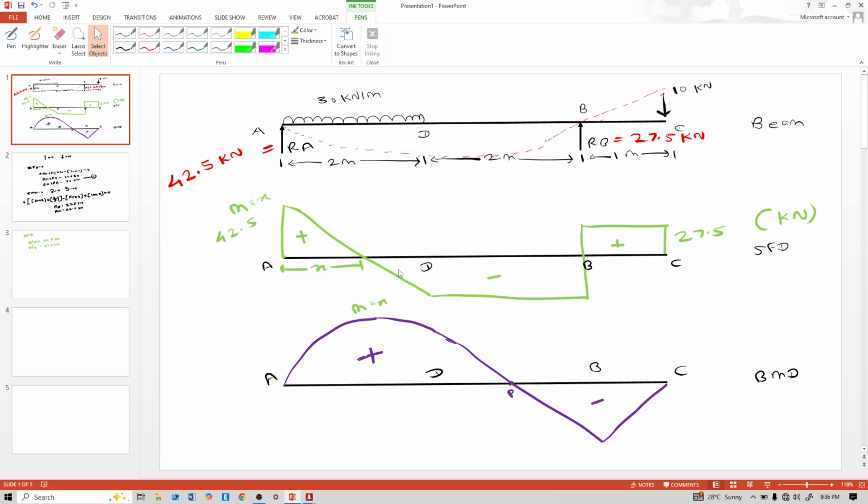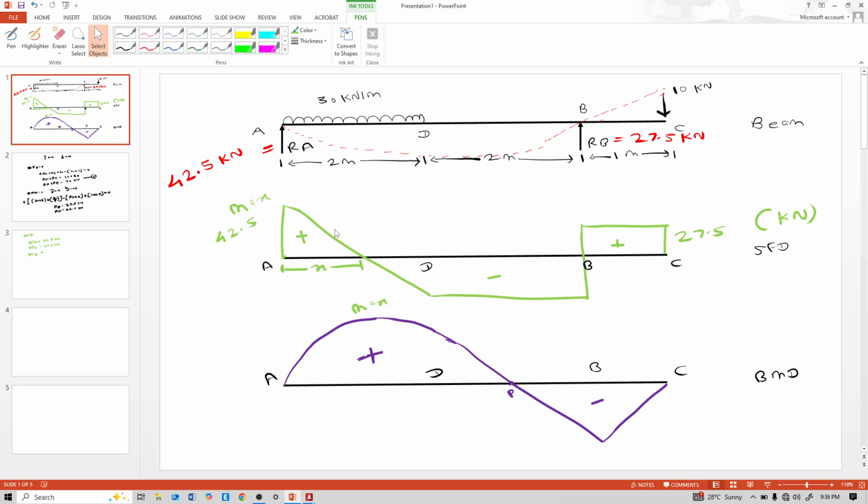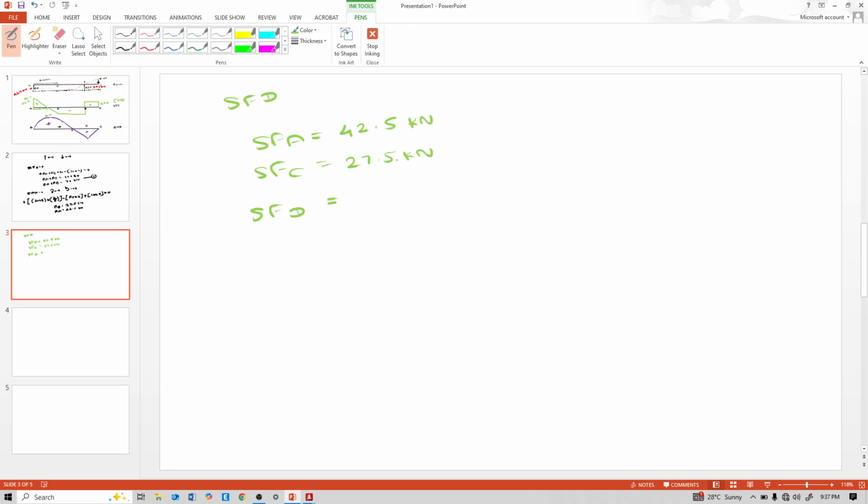Now let's calculate the shear force at point D. It is 42.5 kilonewton minus 30 into 2, that means 42.5 minus 60, which is minus 17.5 kilonewton.